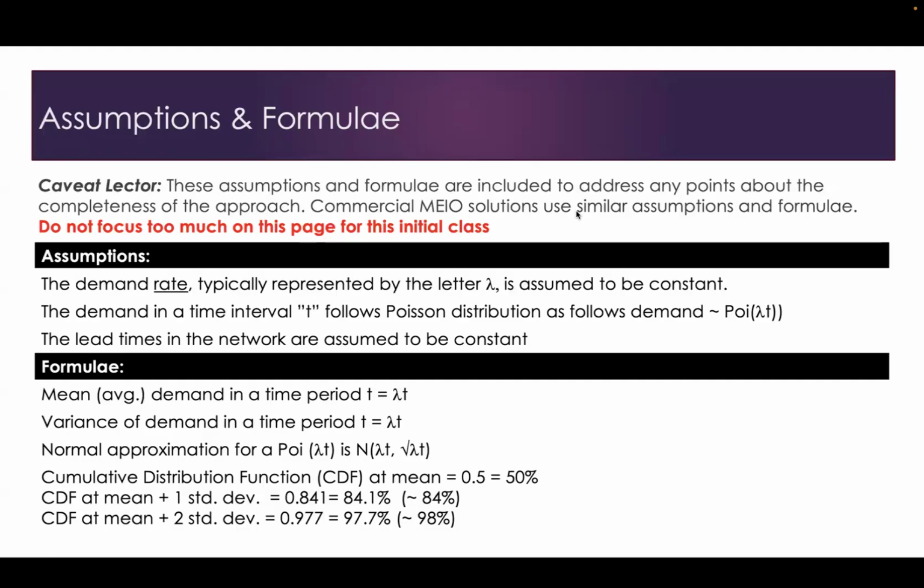It's going to be 84.1. And the cumulative distribution at 2 standard deviations away is 97.7. Again, if this sounds too geeky, don't worry. We actually provide all this information to you in subsequent slides. But this is pro forma, I have to do it for the sake of completeness.